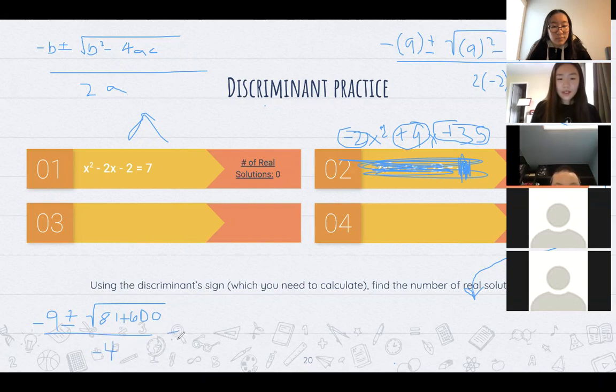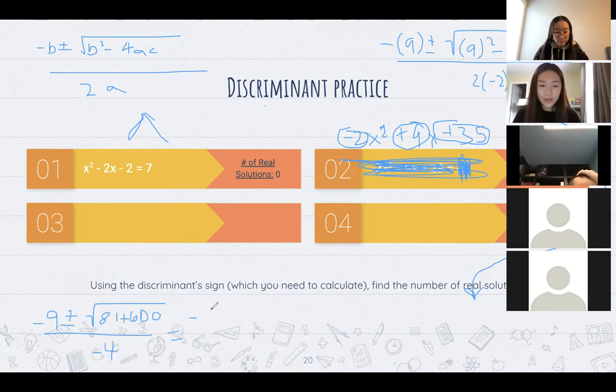Okay, now this equals, what is the square root of 681? Is that a perfect square or no? Don't think so, right? Wait, no, it's not, it's okay to be simplified. Let's see, 681.